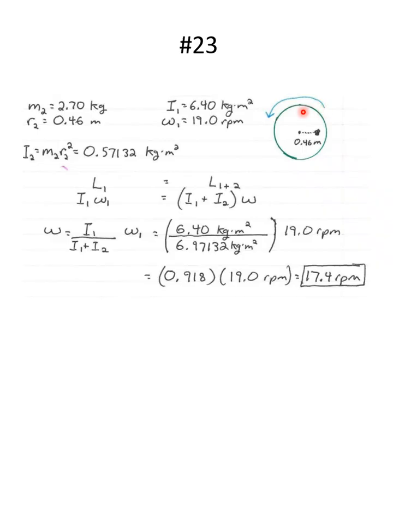We've got this wheel that's spinning, and there's a clump of clay that fell, not on the edge, but 46 centimeters from the rotation axis. And we don't immediately know what the radius of the wheel is, except it's obviously no less than 46 centimeters.